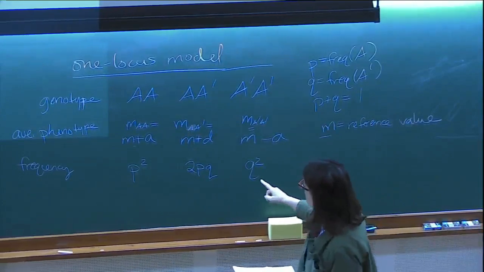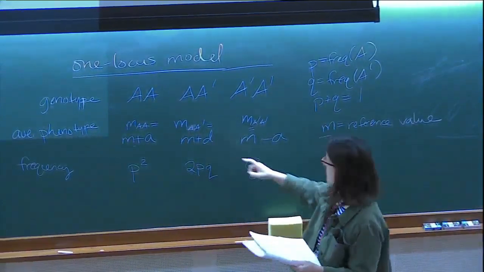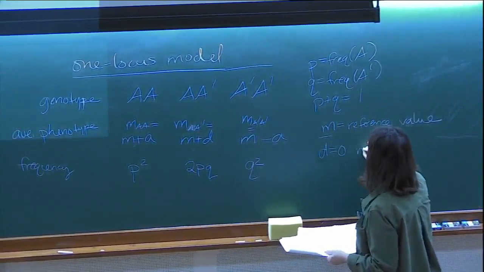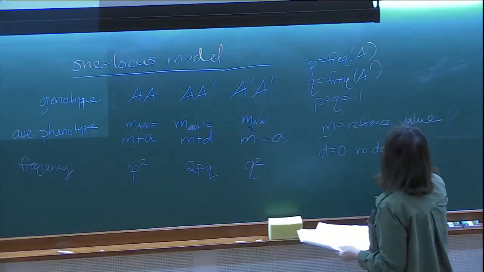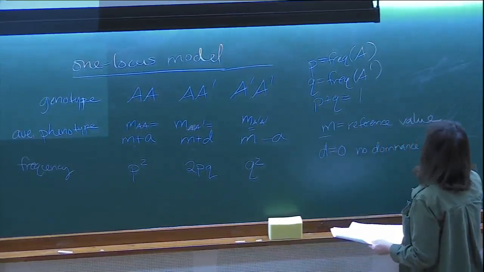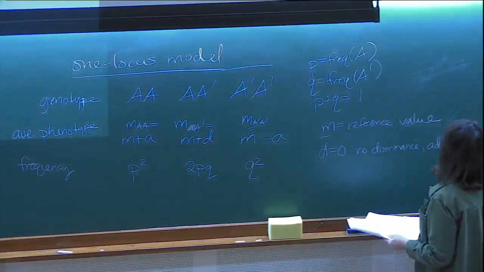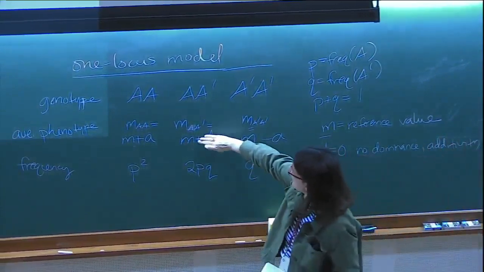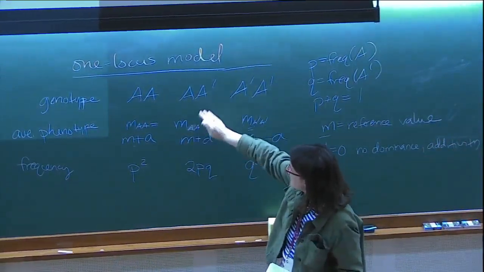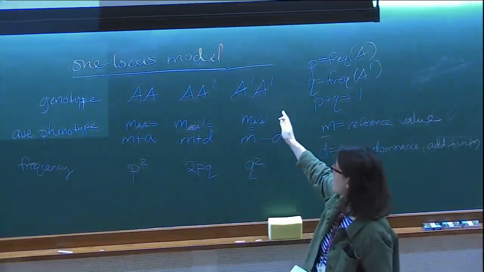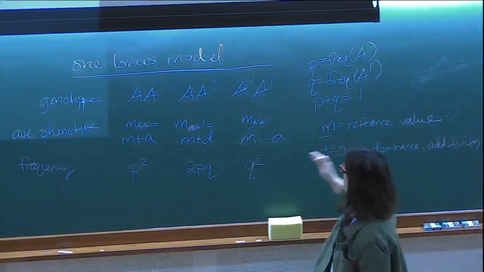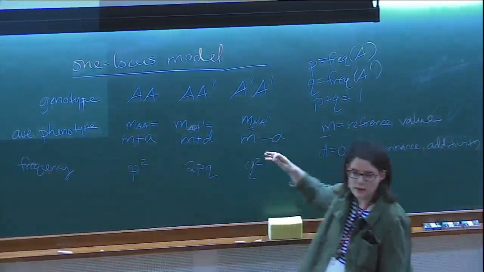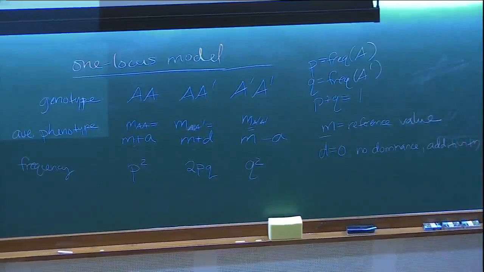I think you can see that if D is 0, that means no dominance, and we have additivity of the alleles, right? If D is 0, then the heterozygote is exactly intermediate, and adding an A prime moves you this way by amount little a, and adding an A moves you in the other direction, all right?